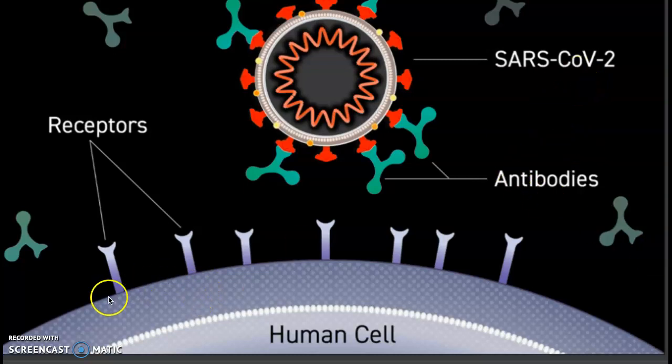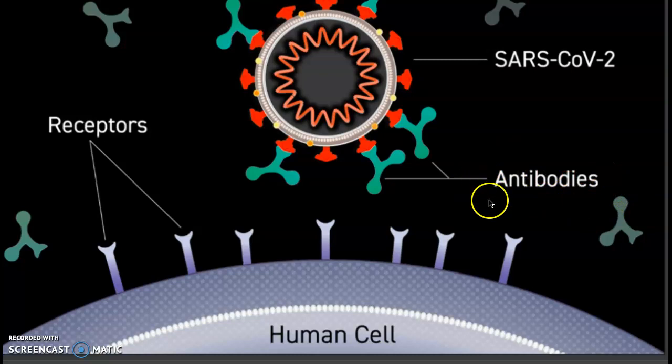Now coming to the interaction, how these antibodies have an effect on SARS-CoV-2. This is the outer membrane of a human cell, which has receptors. In our body we naturally have polyclonal antibodies, but SARS-CoV-2 is so strong that it defeats the human defense system, that is polyclonal antibodies.